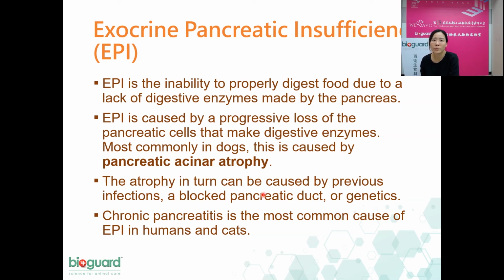Maybe due to previous infections, maybe due to blocked pancreatic ducts, or some genetic defect. Another very important reason is chronic pancreatitis. Just as I mentioned before, if we cannot make the right diagnosis, or if the animal has chronic pancreatitis without proper treatment, the final outcome will be pancreatic acinar atrophy and EPI.